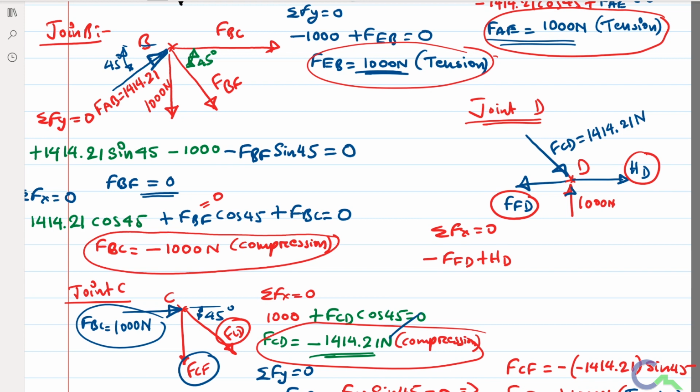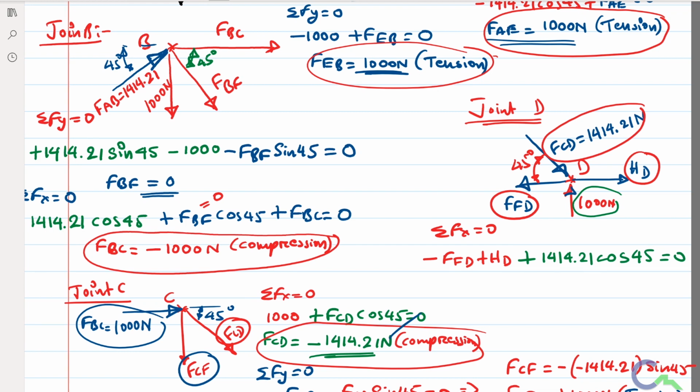Then HD acting in positive direction, that is 0. Still I am going to consider. Then we have FCD. This angle again it will be 45 degree. If I resolve that FCD in horizontal direction, it is going to resolve like this. Therefore that is acting in positive direction. Therefore plus 1414.21 cos 45 degree is equal to 0. 1000 is acting exactly vertical.